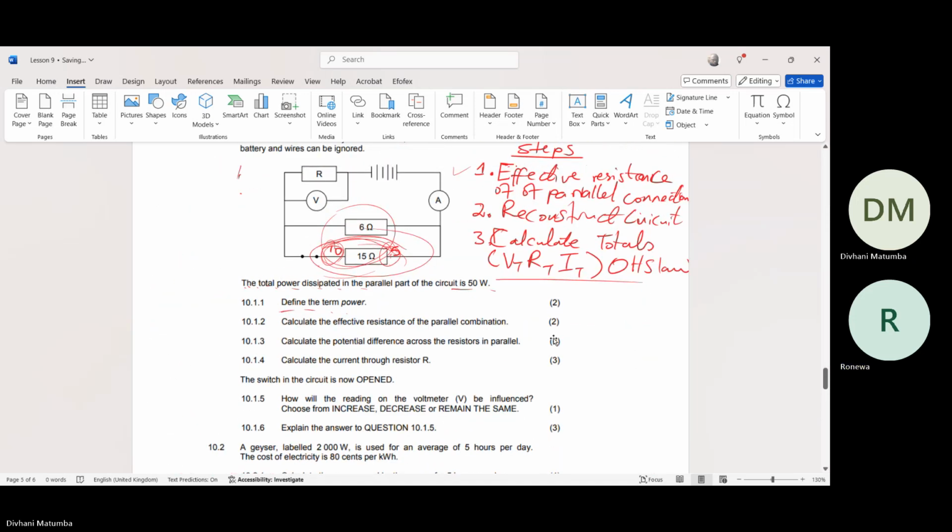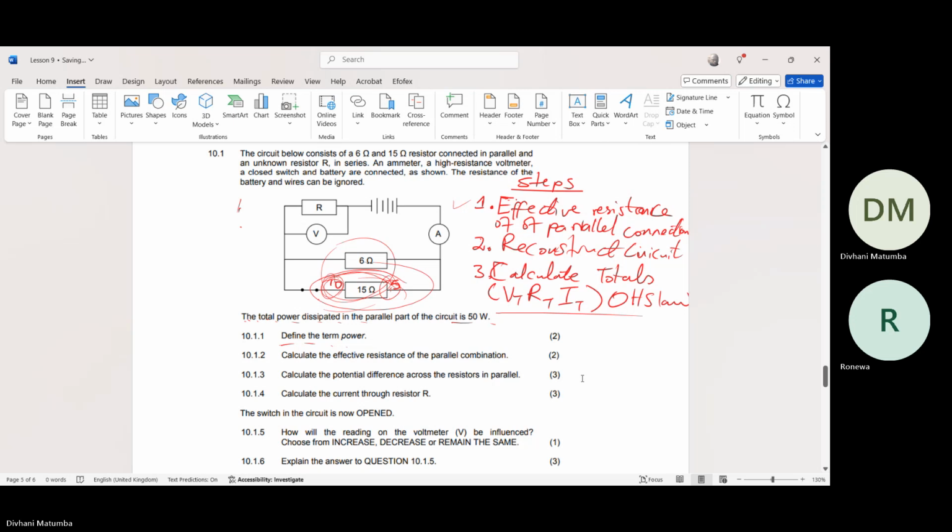Yes. Which is how much? Which is 10, 10 watts. 10 watts is the current. Ah, okay.